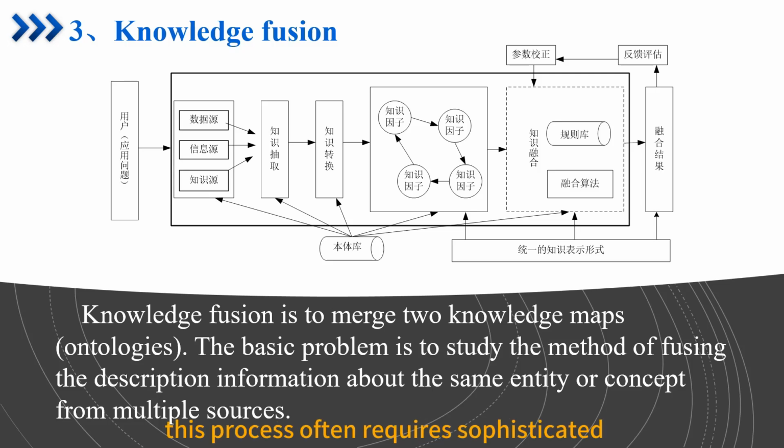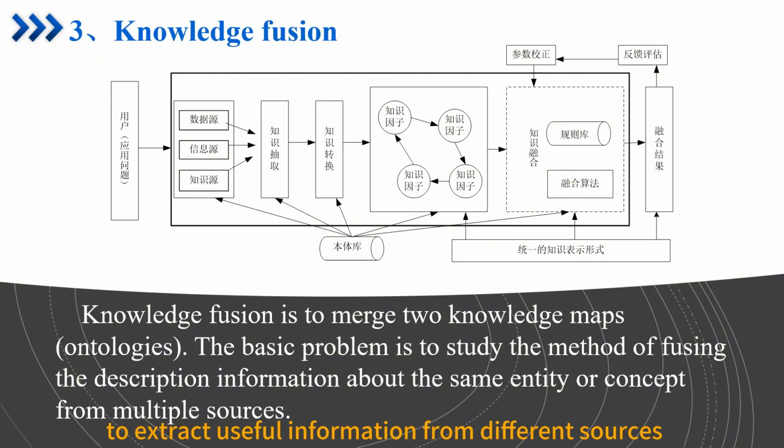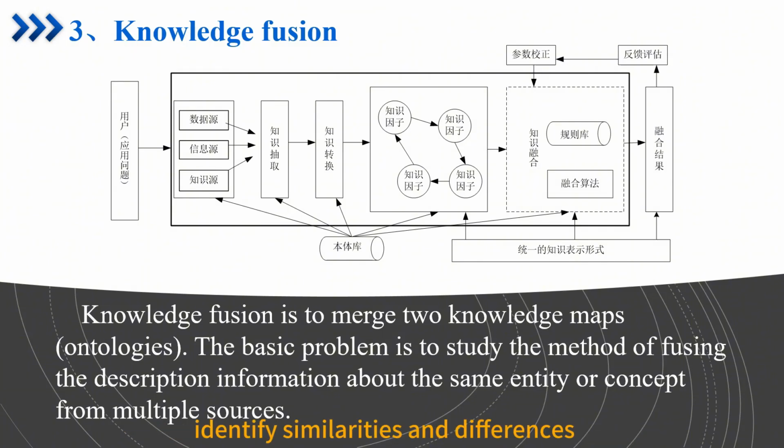This process often requires sophisticated algorithms and machine learning techniques to extract useful information from different sources, identify similarities and differences, and integrate the information into a unified knowledge representation. Knowledge fusion has many applications, including in the fields of artificial intelligence, data mining, and knowledge management.